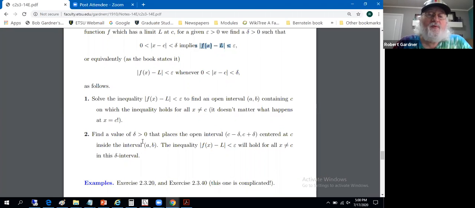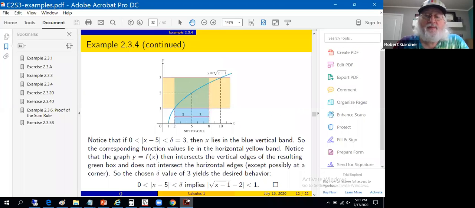Then we'll find a value of delta that places the open interval c minus delta to c plus delta, centered at c, right? It's got to be done in this symmetric way, centered at c, inside the interval (a, b). And then we'll get the inequality to hold in that so-called delta interval. And that's the second thing we did, back to the previous exercise. We chose delta to be 3 because we could go as far as 3 to the left-hand side and as far as 3 to the right-hand side, and we're good to go.